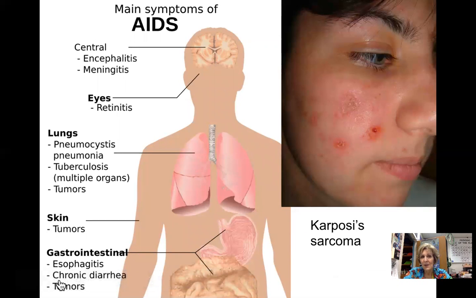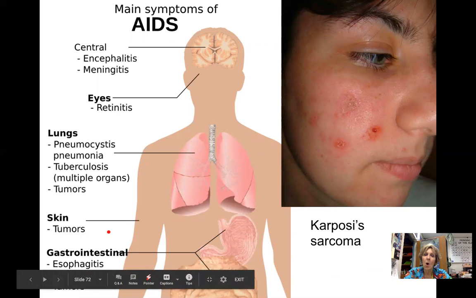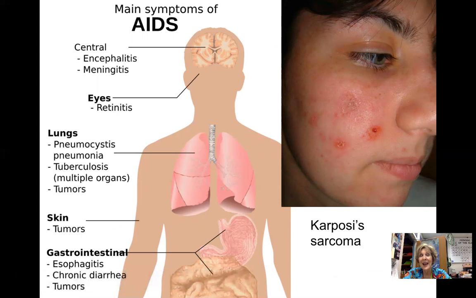The main symptoms of AIDS are opportunistic infections that run rampant in an immune system that has been destroyed by the virus. And so a lot of these involve the lung, tuberculosis.